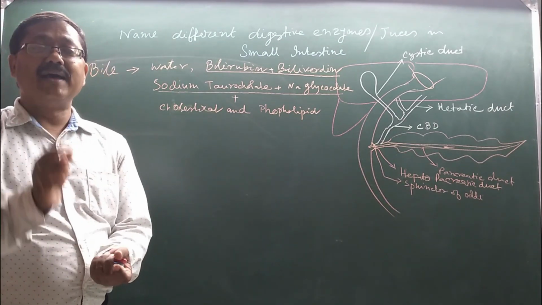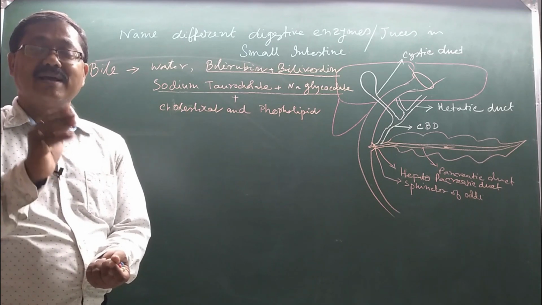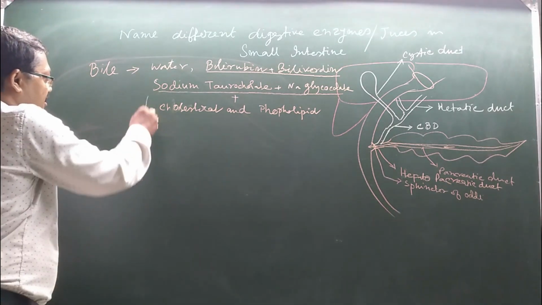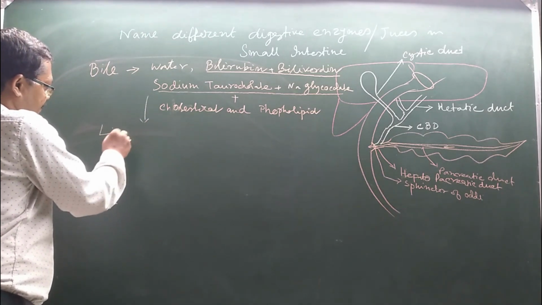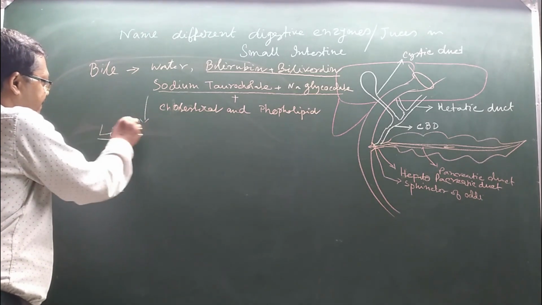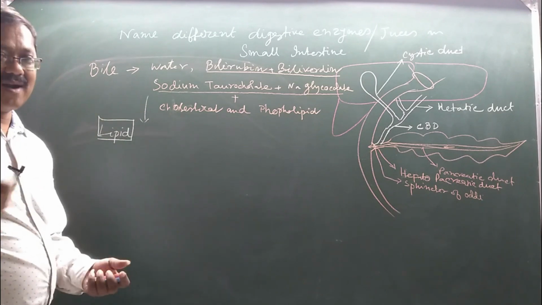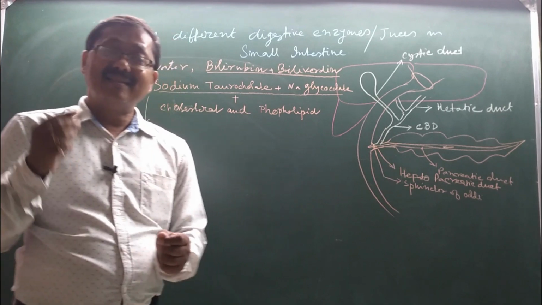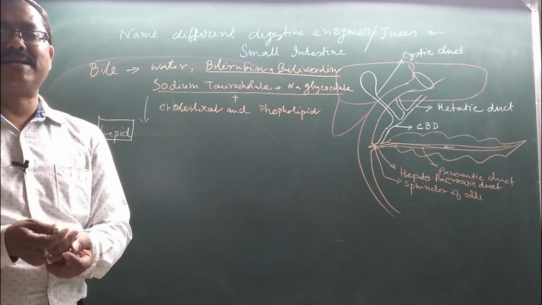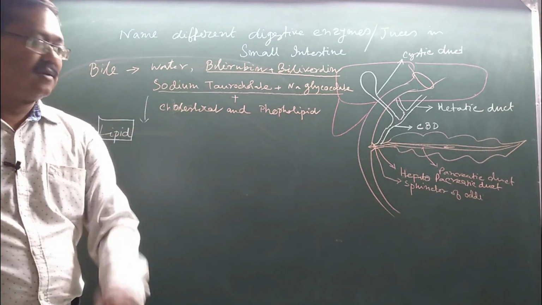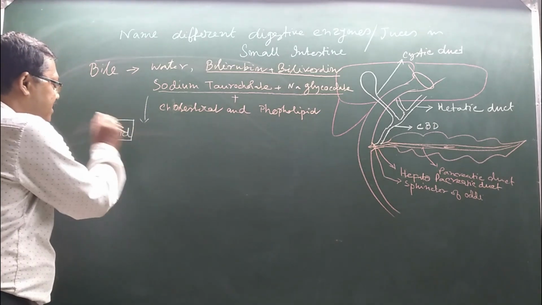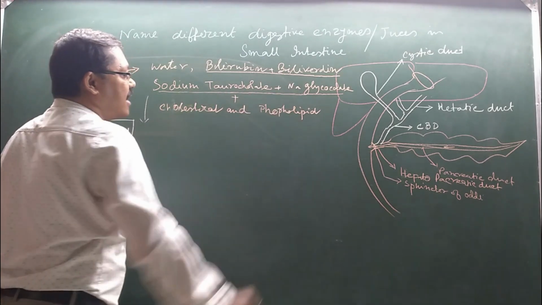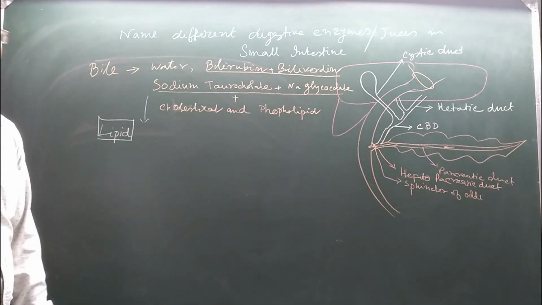So how does bile play a significant role in digestion, particularly of lipids? When large complex lipid droplets enter our duodenum, they are fragmented into small pieces by reducing their surface tension through the action of the salts, sodium taurocholate and sodium glycocholate.